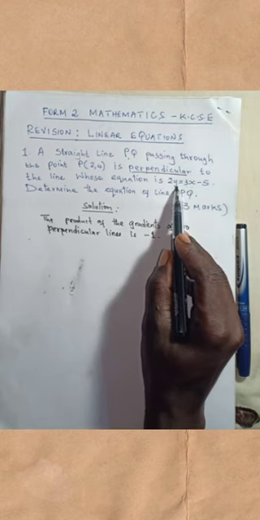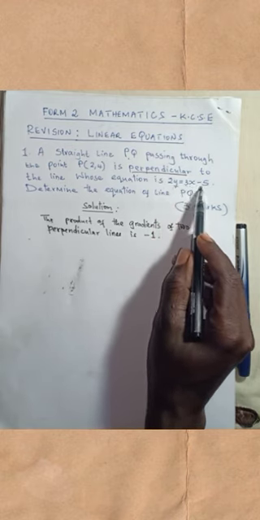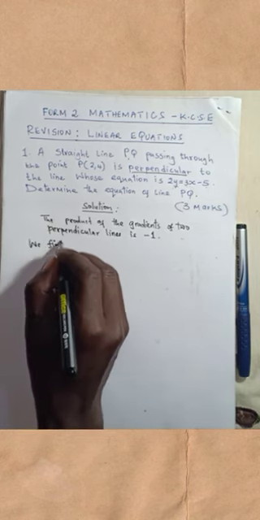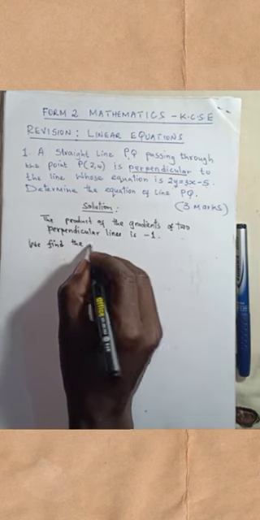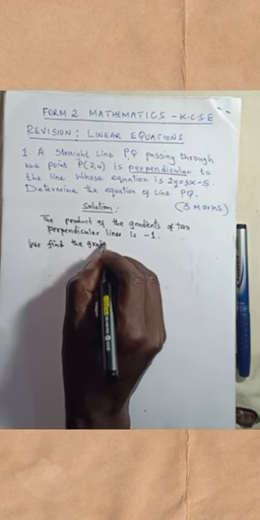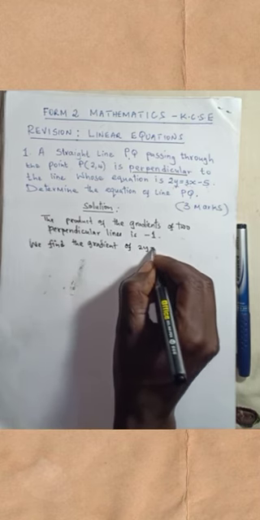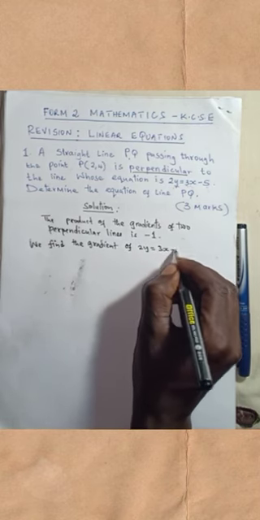That is the very important concept here. So then how are we going to find the gradient of the line 2y = 3x - 5? So we find the gradient of 2y = 3x - 5.